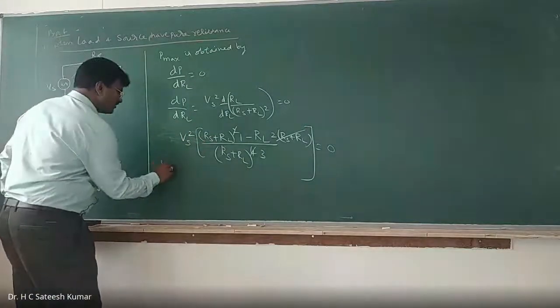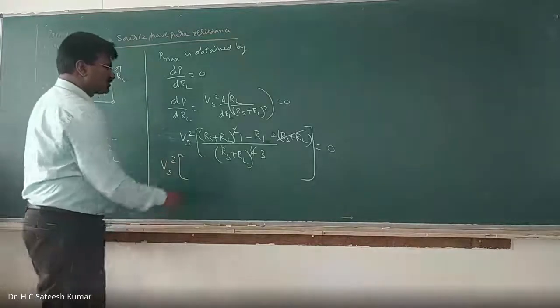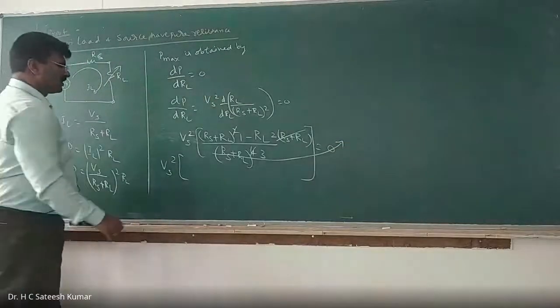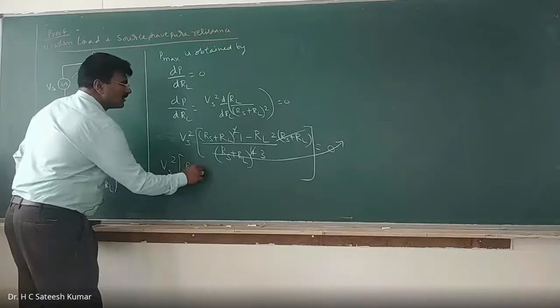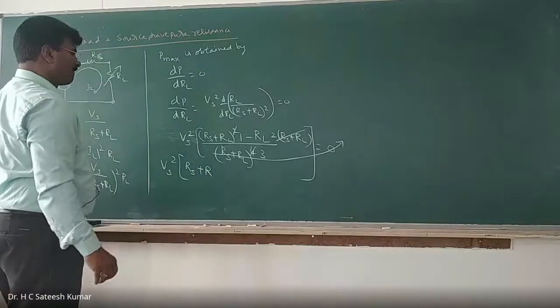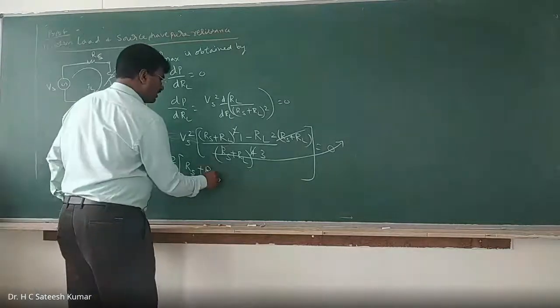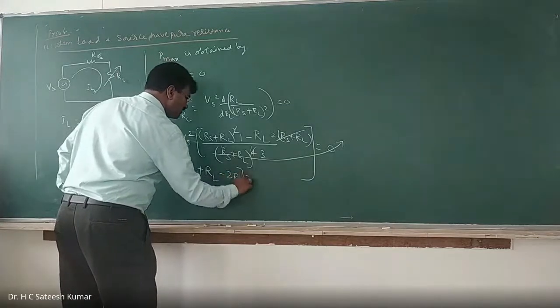Vs square into cross multiply this. If you cross multiply this, it will become 0. So what will you get? Vs square into (Rs plus RL) minus 2RL is equal to 0.